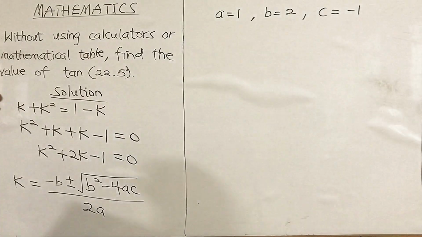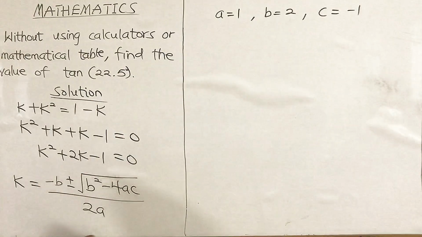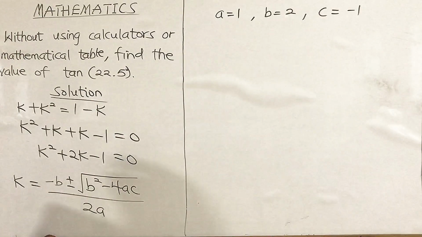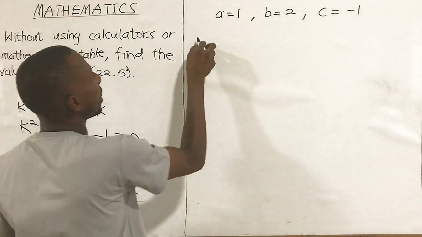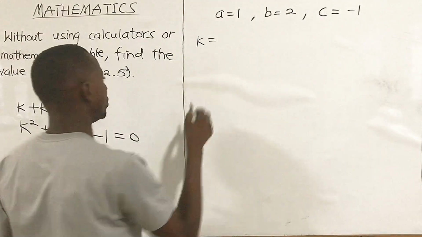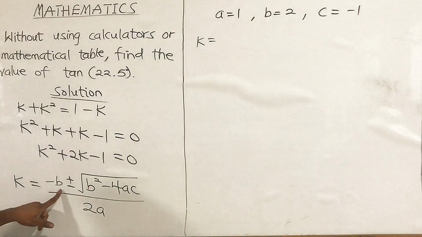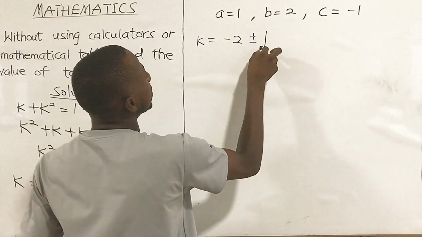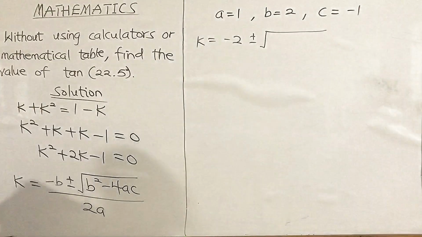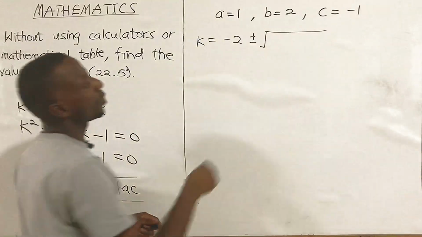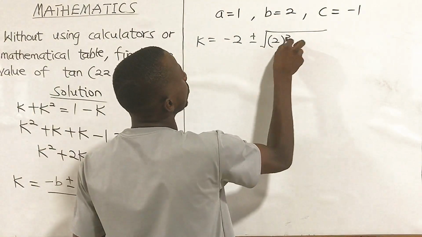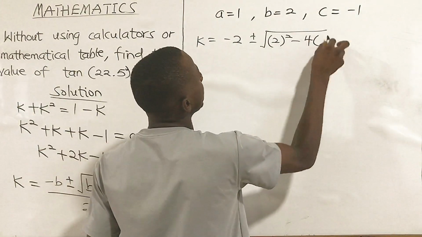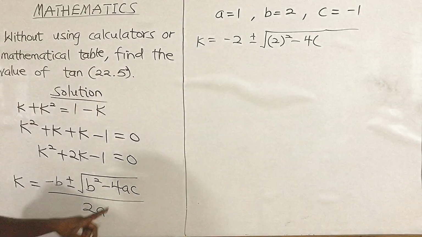So at this point, we are going to make substitution in the general quadratic formula. So I have k to be equal to minus b. So I have minus 2 plus or minus root of b squared, which is going to be 2 squared, minus 4 multiplying a.